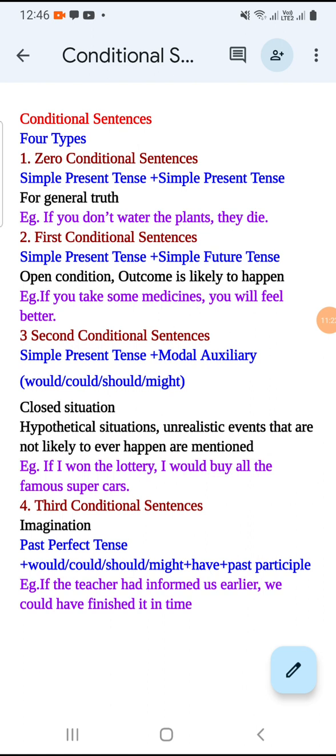So let us see what's the structure of the first conditional sentence. That's the first part. The if clause is framed with the simple present tense. Please take care. The if clause is framed with the simple present tense, simple present means first form of verb. It will be followed by will, which is very important.